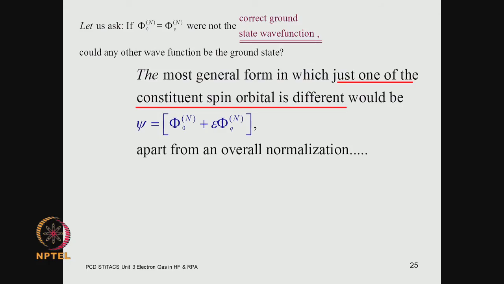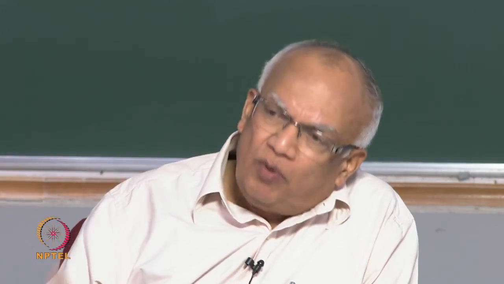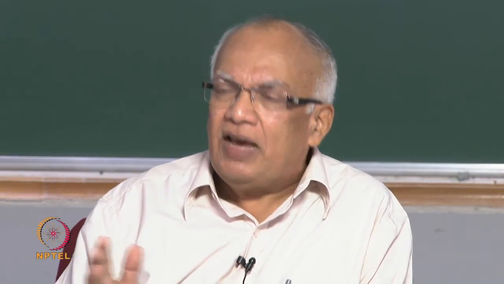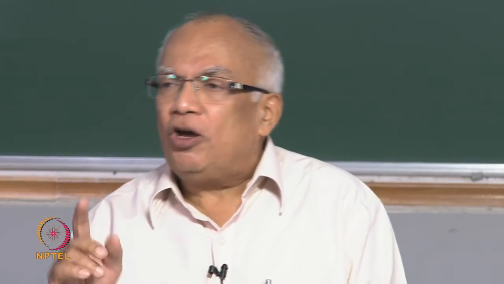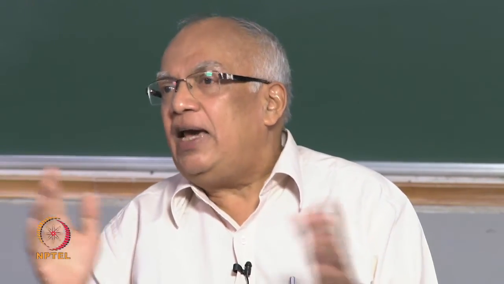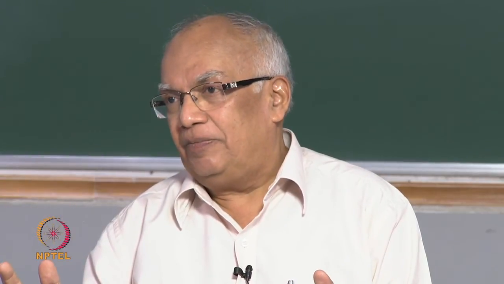Why should it be phi q? It could be something else, some other wave function. Phi q is any state in which at least one occupation number is different. So, q does not have any specific significance except for the fact that it represents an n electron determinant wave function in which the occupation number of one of the n electron states is different.